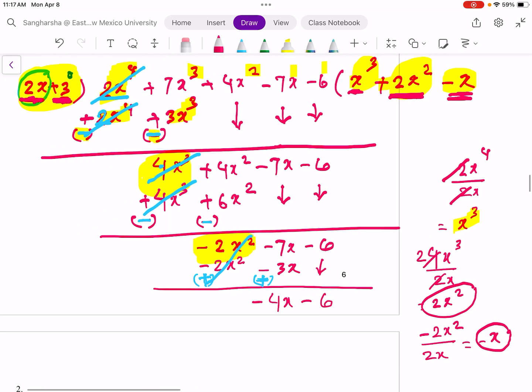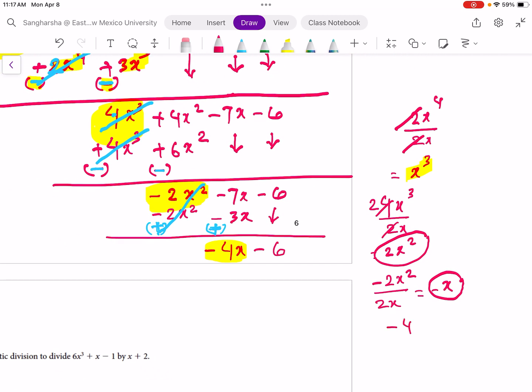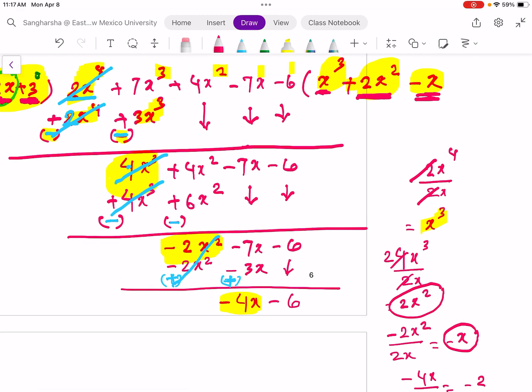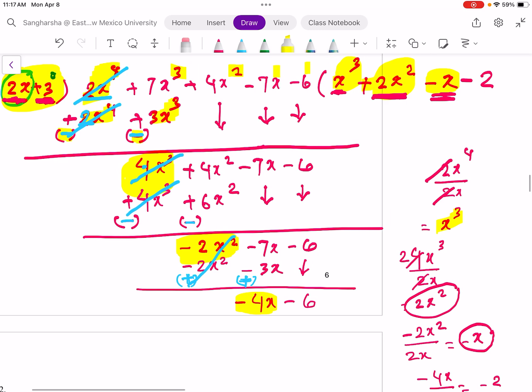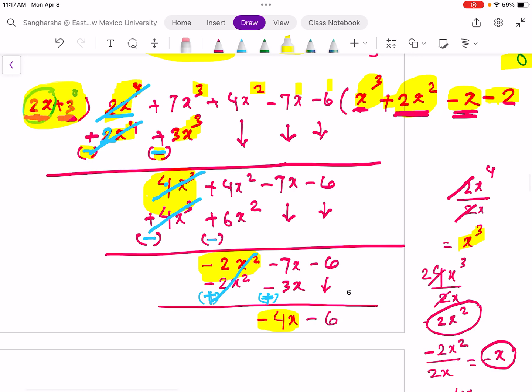Now again you take the leading term, so you take the negative 4x and divide by positive 2x. Negative 4x divided by 2x is negative 2, and negative 2 is your next term for the quotient. Now you use this negative 2 to multiply every term of the divisor.